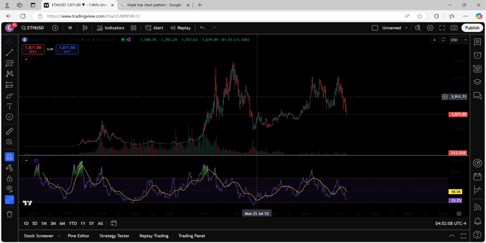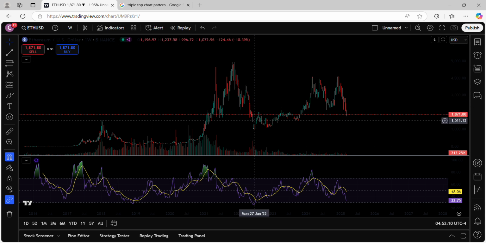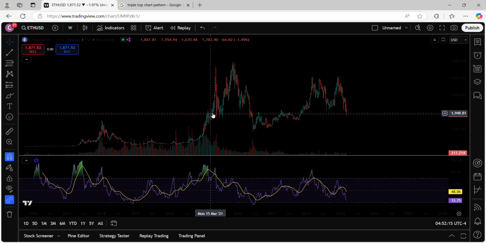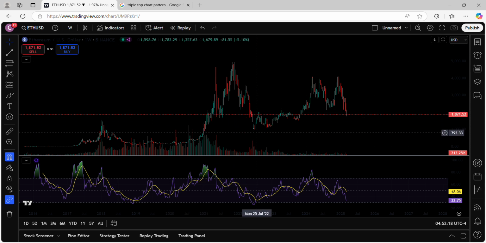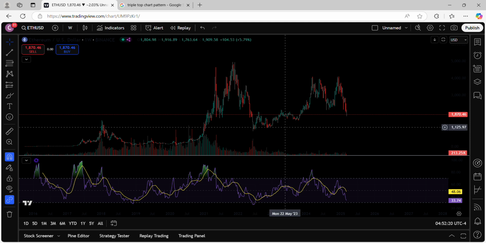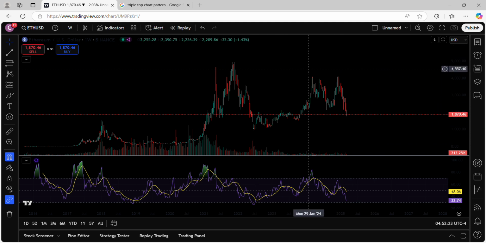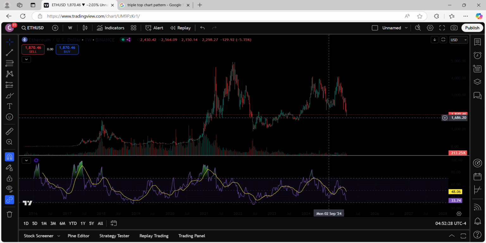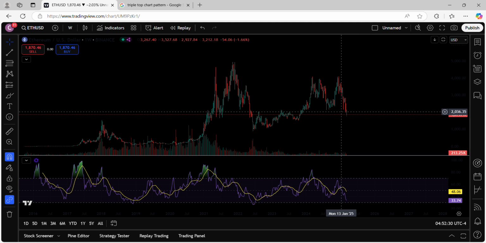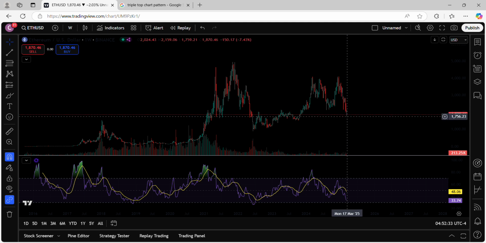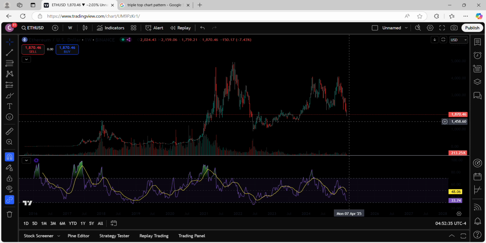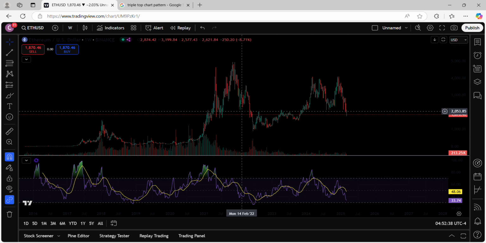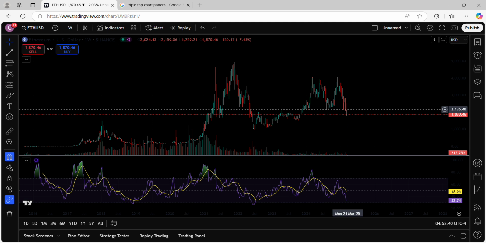Now, as you can see here again, the downward parabolic move at the end of this double top or triple top action did not come all the way down. Now you can see in this structure, we haven't come all the way down yet, but there's a chance this could be the bottom, or we come down a little bit further and we actually do reach the bottom of part of the parabolic structure.